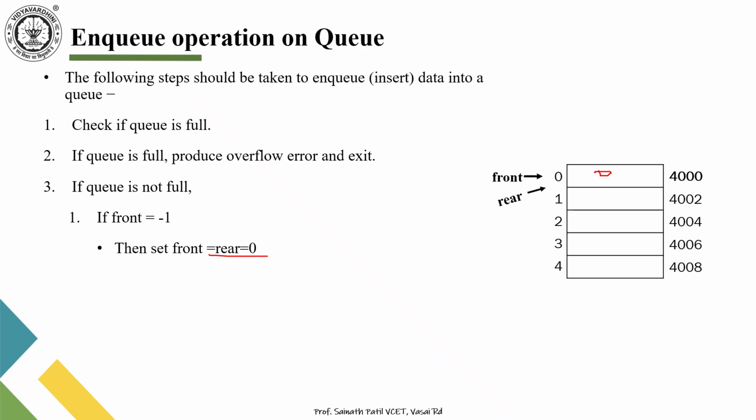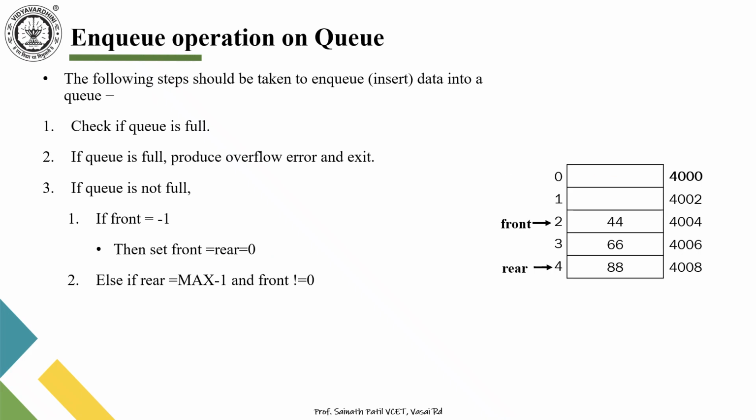Or the situation may be like this: front is not equal to 0 and rear is equal to max minus 1. That means rear has reached the last end, and front, after deleting data, may be pointing to the first data, for example here it is 2.